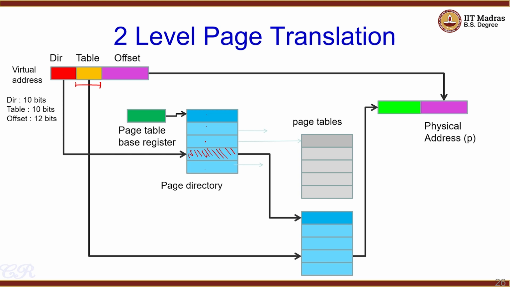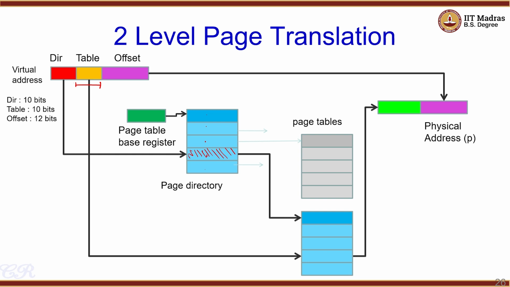So what we see over here is that to convert the virtual address into the corresponding physical address, it's not just a single lookup into a page table that is needed, but in this example there will be two levels of lookups. The first level looks into a page directory and finds where the second level page table is.